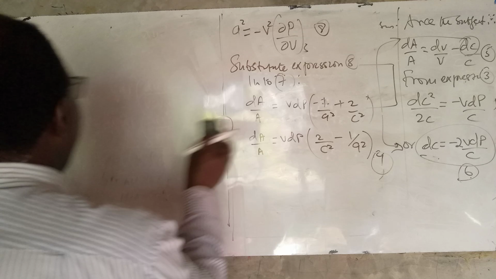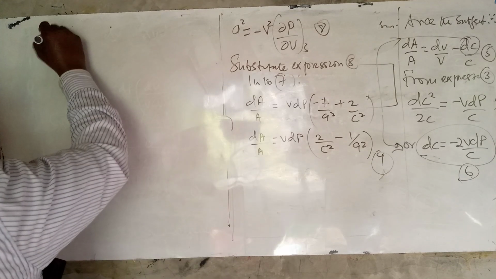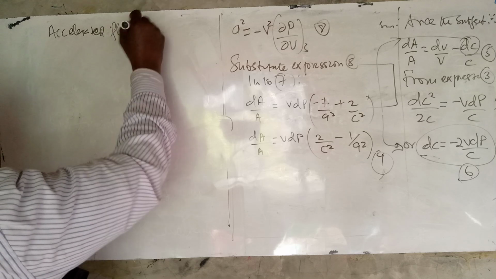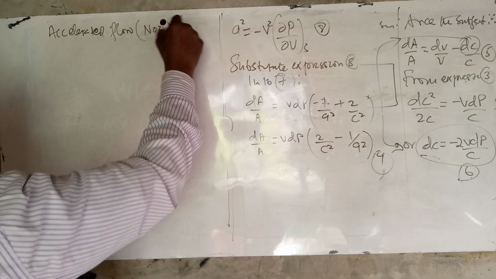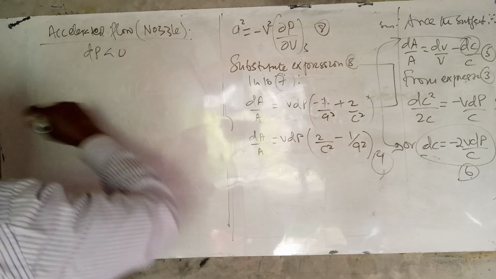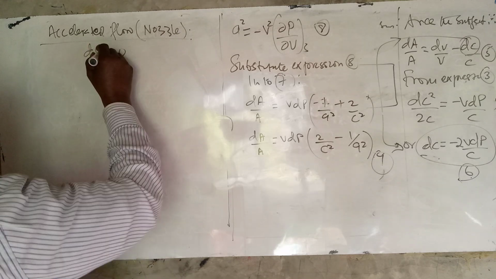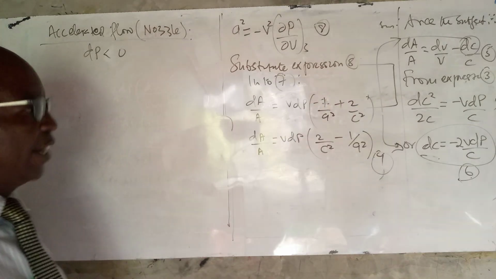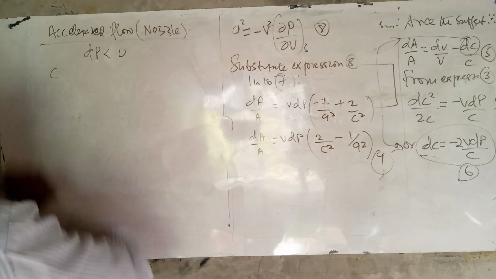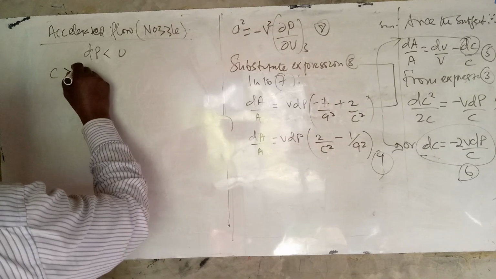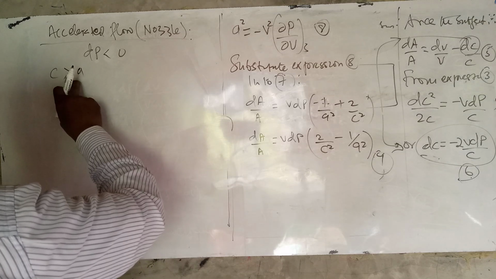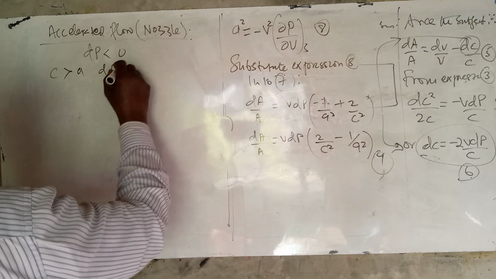We can interpret this expression as it is. Let us look at the case of a nozzle, where we have accelerated flow. In the case of a nozzle, accelerated flow, there's a decrease in pressure and of course an increase in velocity. If there's a decrease in pressure, then when C, the velocity of the fluid, is greater than that of sound, dA will be positive.